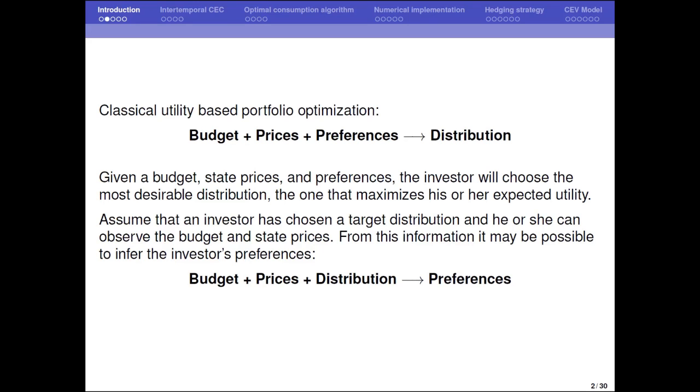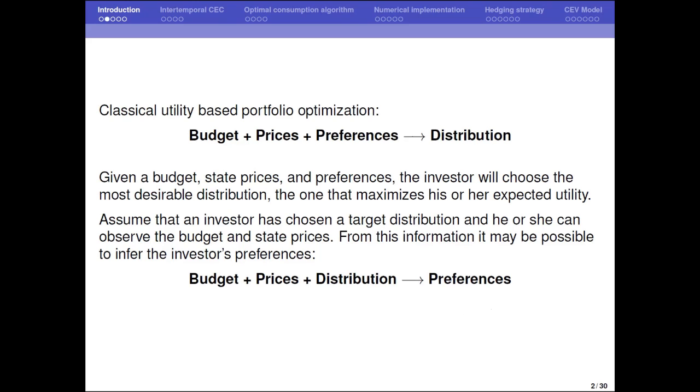They say, assume that the investor has a target distribution about his or her wealth, and we can observe the budget and prices. So we have the budget and prices as an input, but we change the wealth distribution from the output to be an input. And then we have as an output the investor preferences.